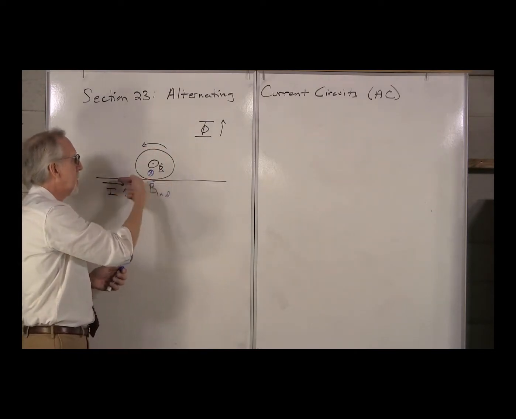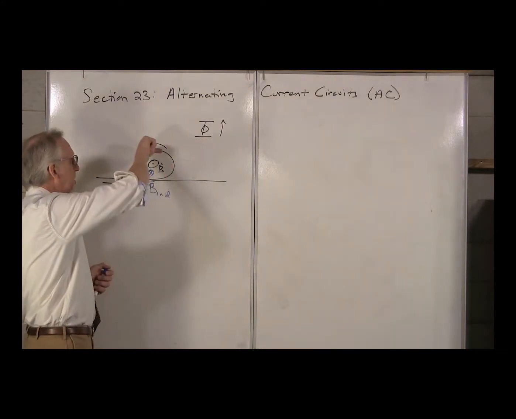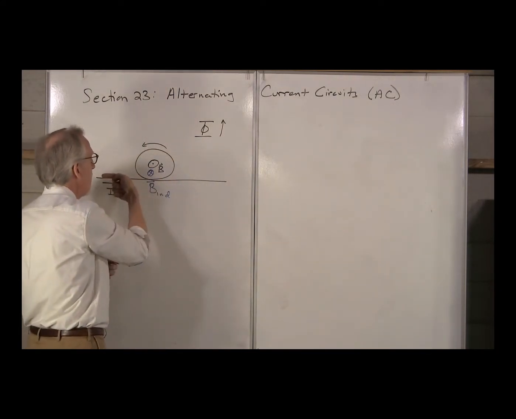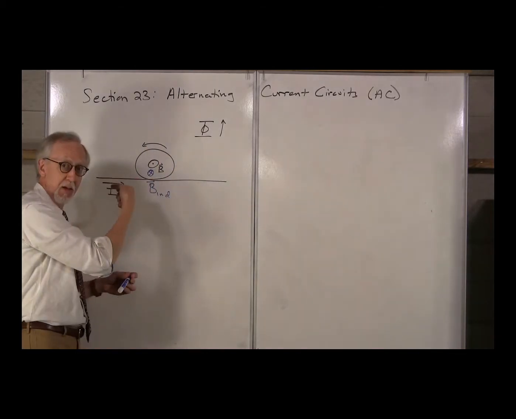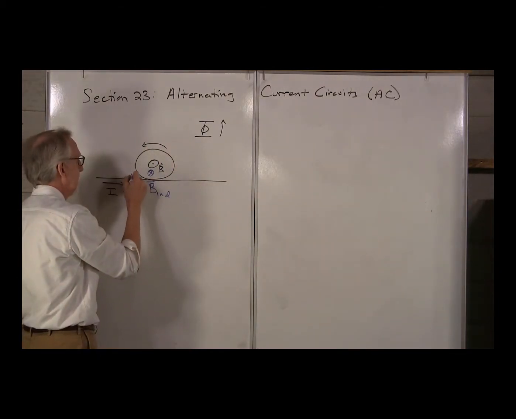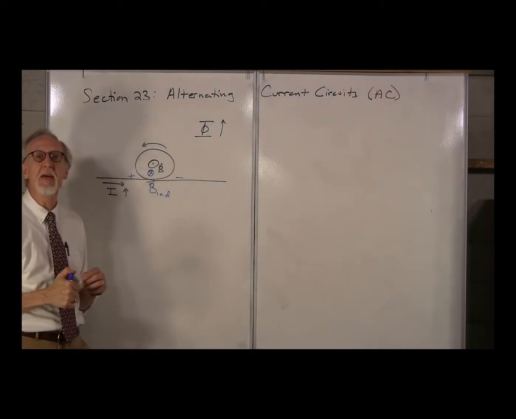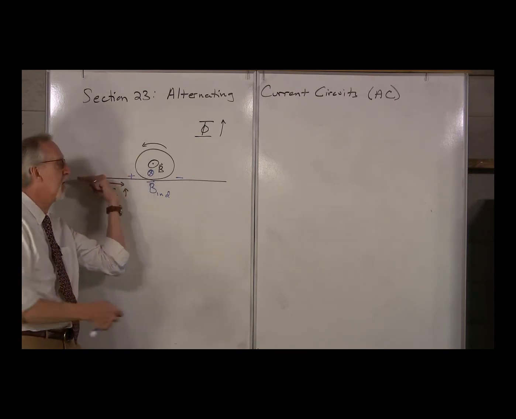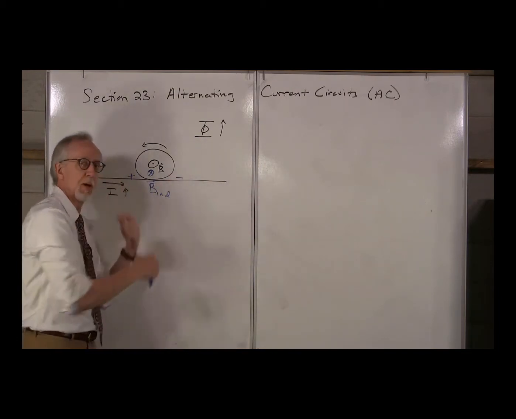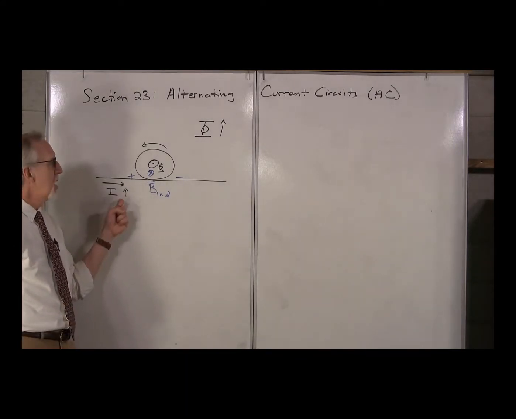It's going to try and push that current back this way, pull it in this way, and push it out that way. That's going to create an EMF around the loop in the opposite direction, trying to push the current back out that way. This is a very, very interesting result.